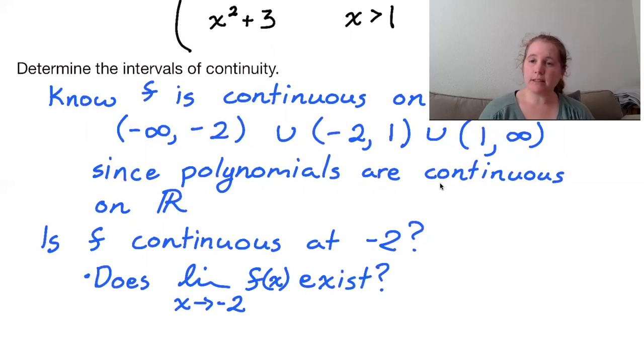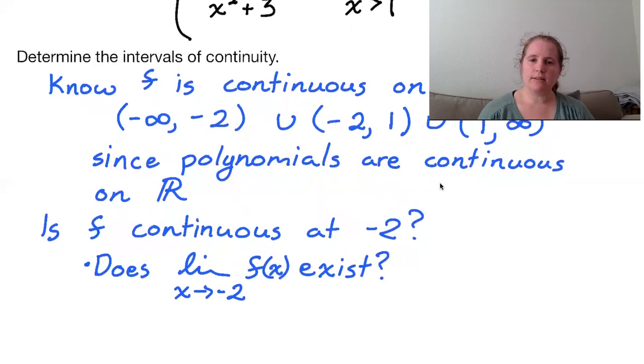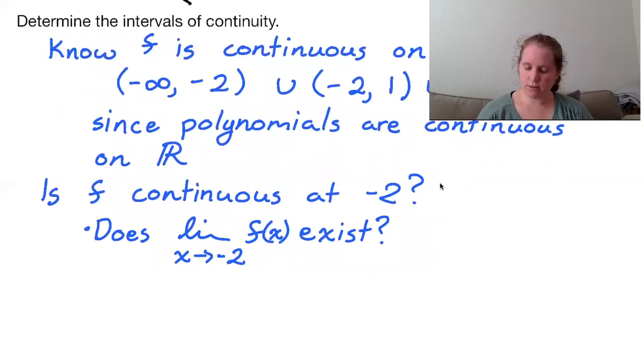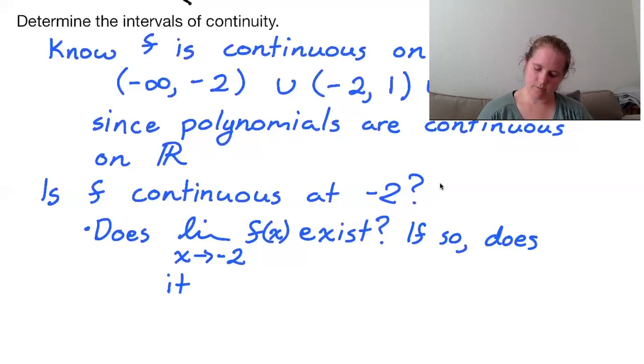And then if it does exist, does it match the function value? So if so, does it equal f of -2?